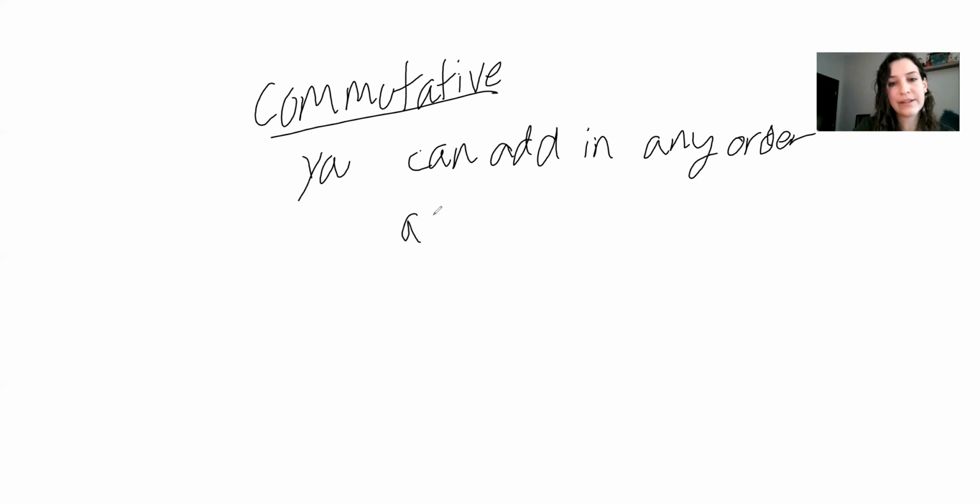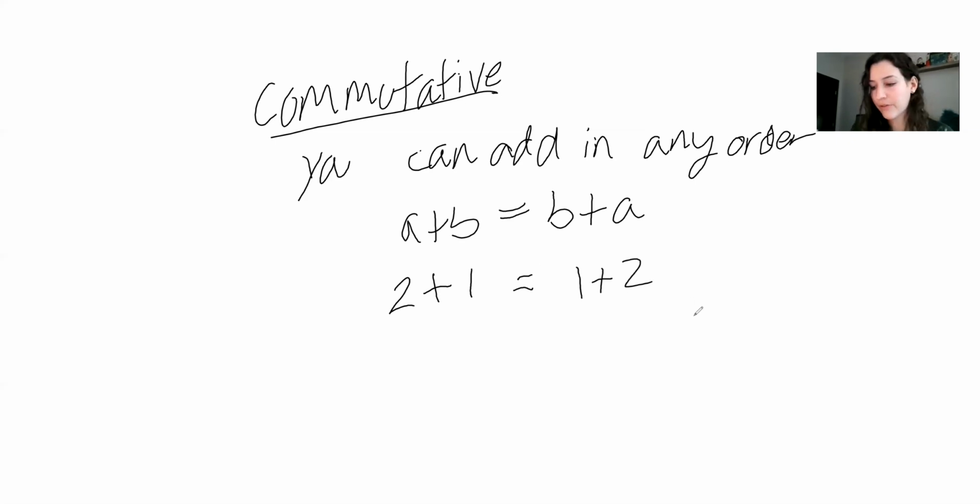So that means a plus b is going to be equal to b plus a. Or otherwise 2 plus 1 is equal to 1 plus 2. So we've gone over the identity property, the associative, and the commutative property. So let's try some examples identifying what those look like.